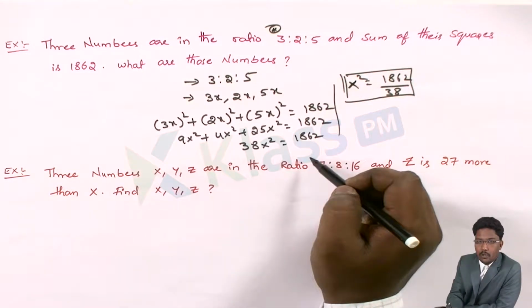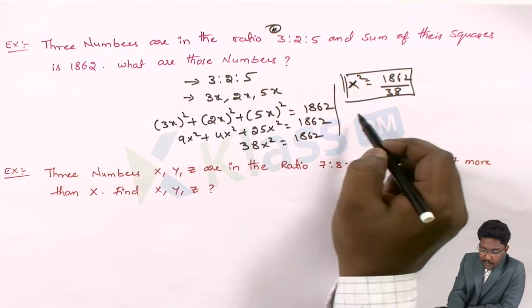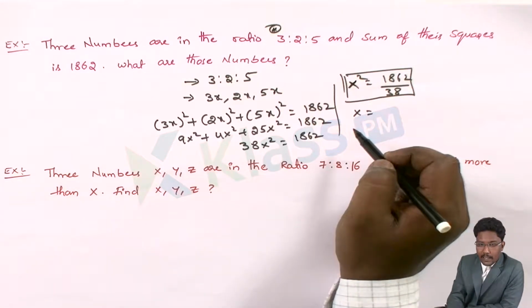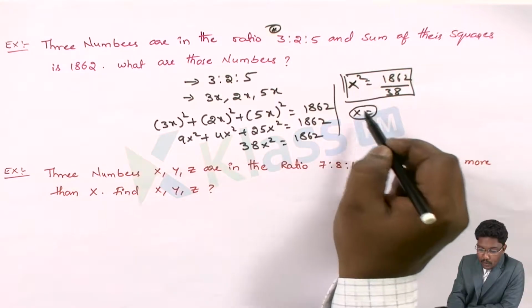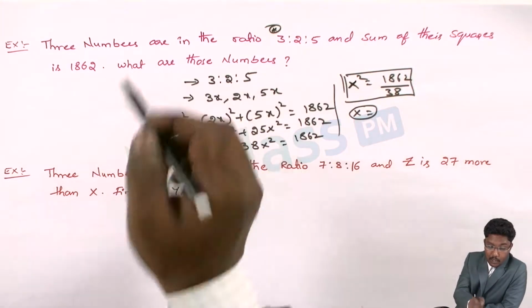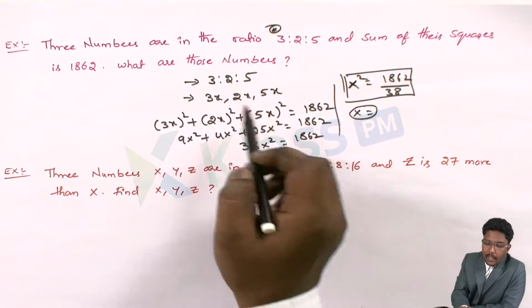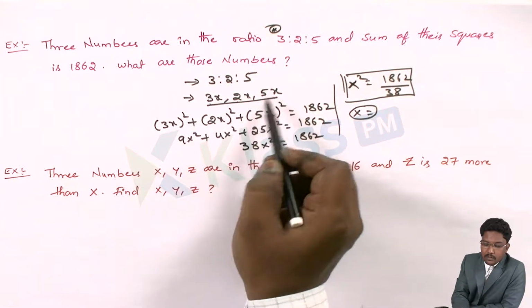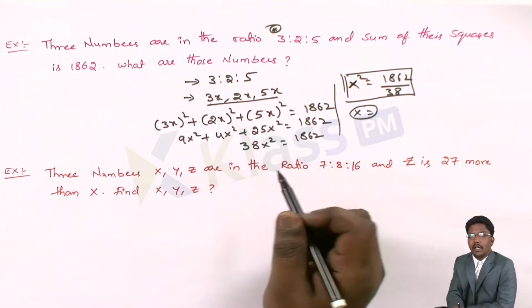After solving for the x value, you are getting only the multiplication factor. To get the original numbers you have to multiply this value with each of these terms, then you will get each and every number.